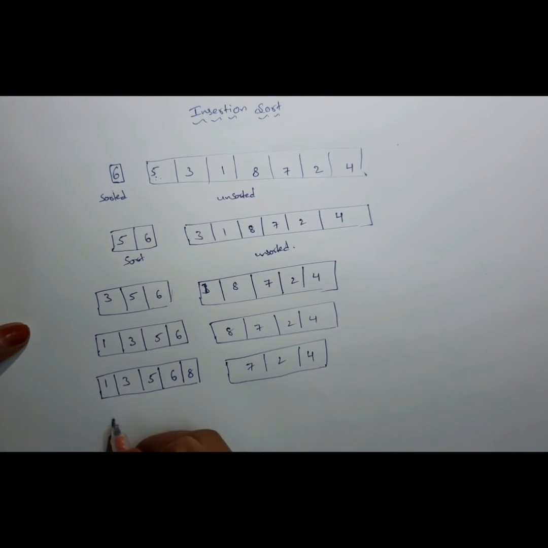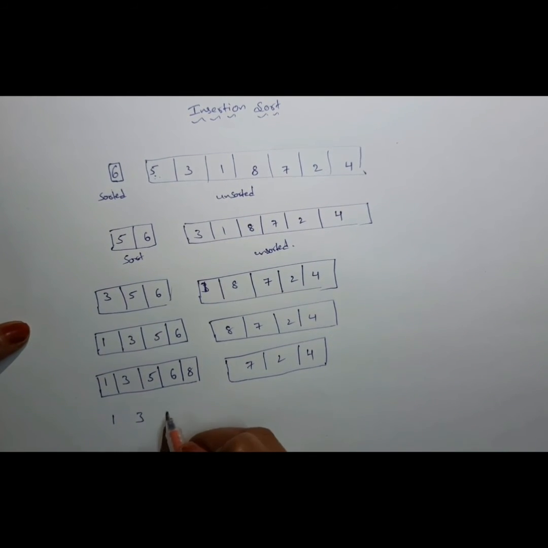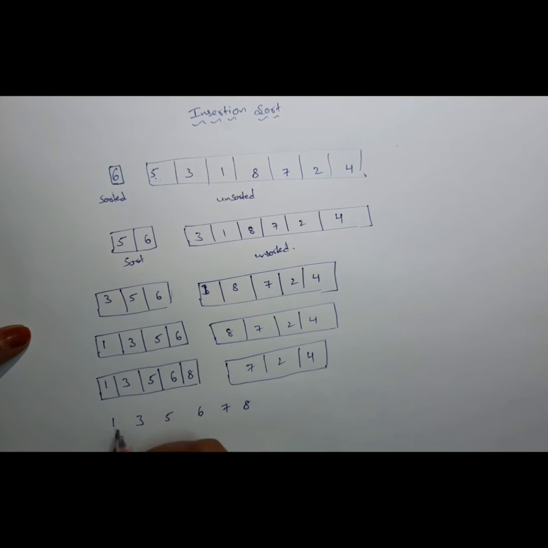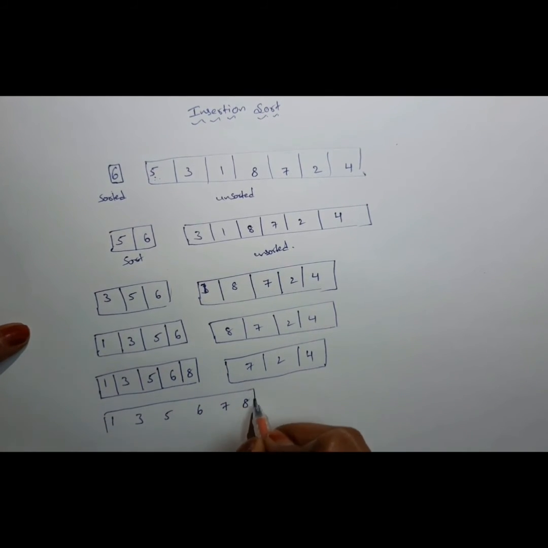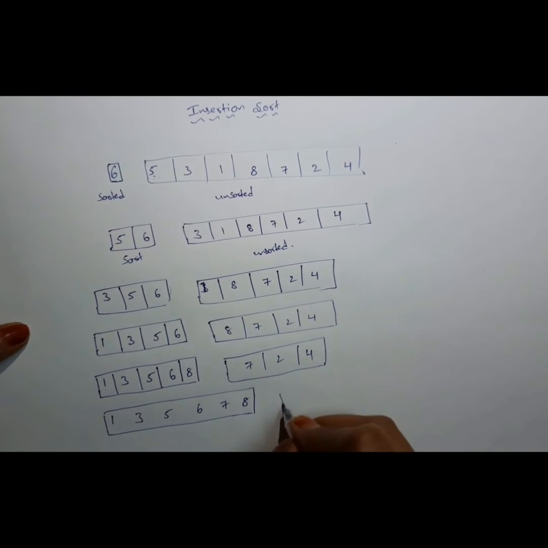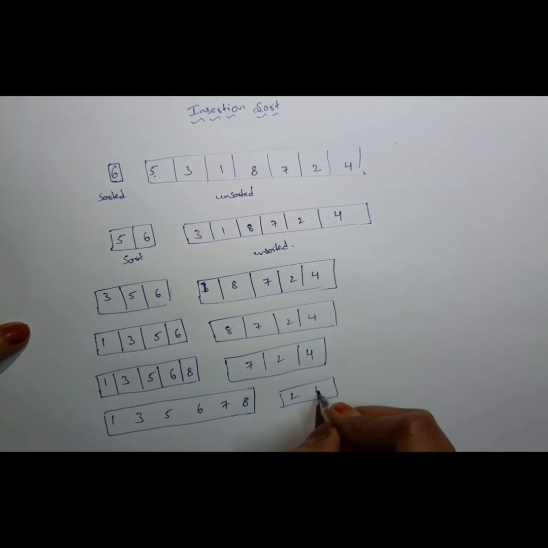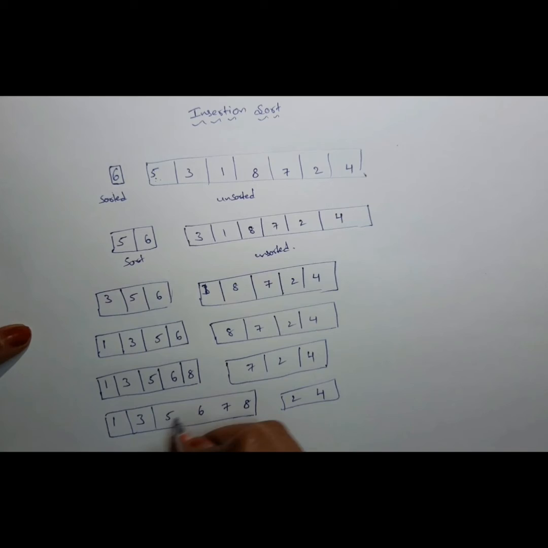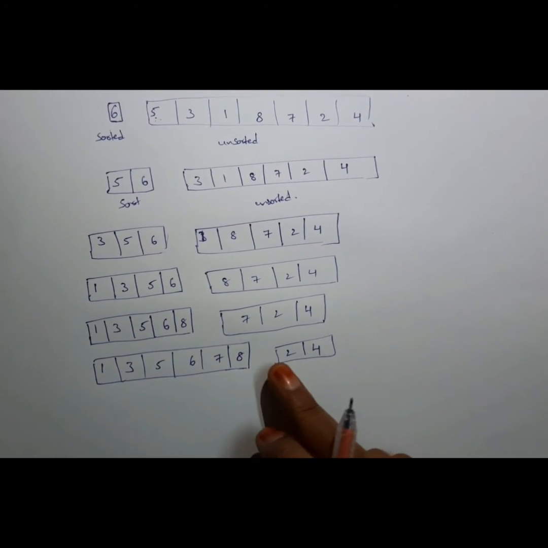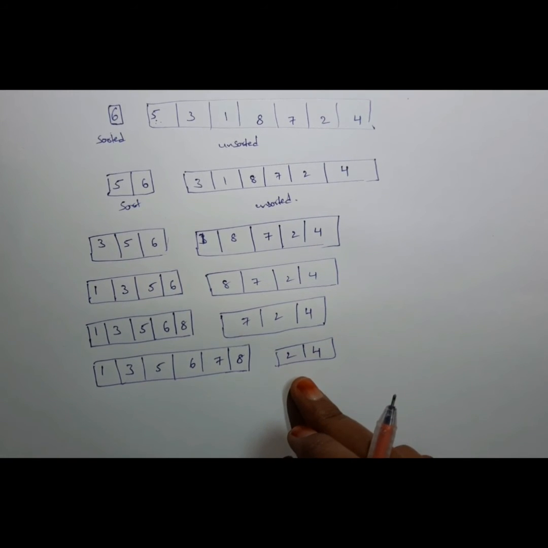Okay, 1, 3, 5, 6, 7, 8. And the remaining elements are 2 and 4. So here we are left with 2 elements.